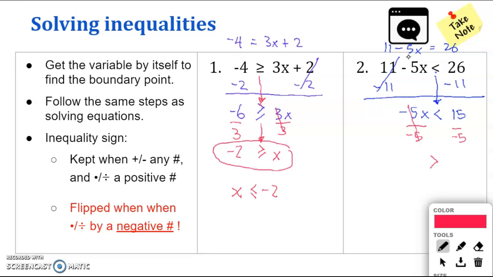And this becomes my giant 1, and x here, 15 divided by -5 is -3. Okay, so this is my solution, but I had to flip the inequality. So that's a key thing: flip the inequality when you are multiplying or dividing by a negative number.